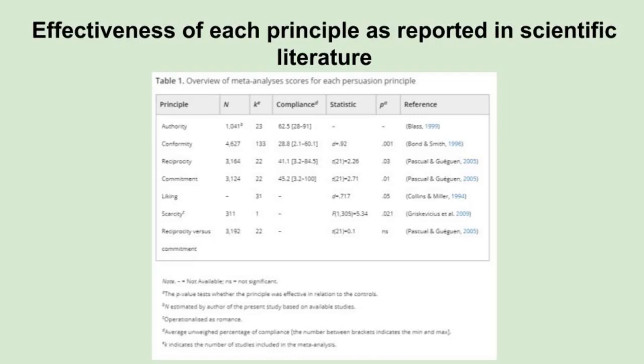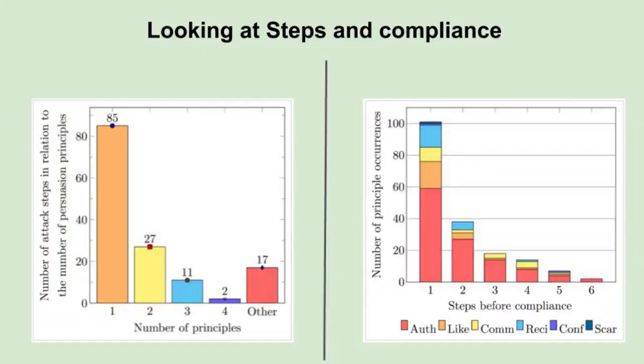And you can read further into the study if you're interested. The one thing that's surprising, though, is authority did not have any study on it, even though it's so widely used in social engineering.